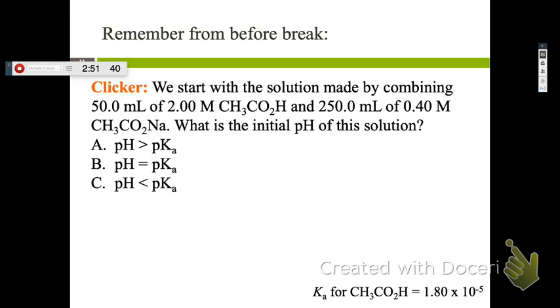All right, let's go ahead and talk through this one. First question. Is this a buffer? Yes. How do we know it's a buffer, Moab? Because there is a less than 10% difference between the weak acid and the conjugate base.